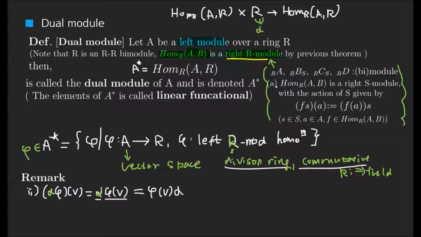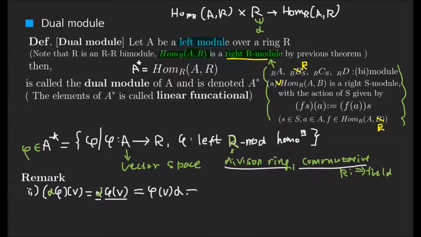And again, let's see statement A. We can consider the corresponding statement. Phi is in Hom_R(A, R), and alpha is a scalar in the ring R, and this ring R specially satisfies the commutative relation.